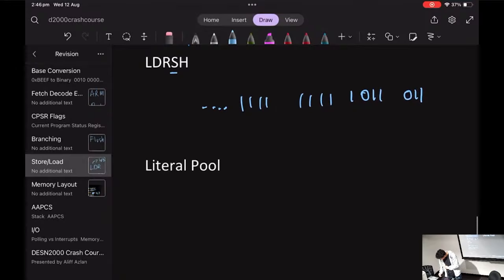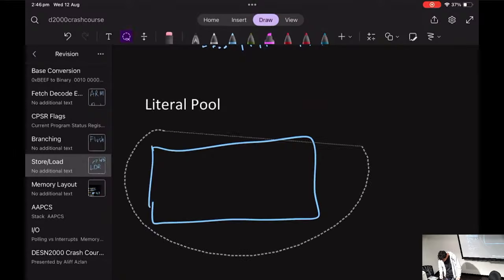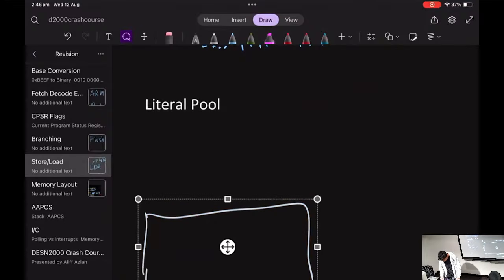Cool. Then we also had a literal pool. Just for the sake of time, a literal pool is basically a section of code which stores your data values.